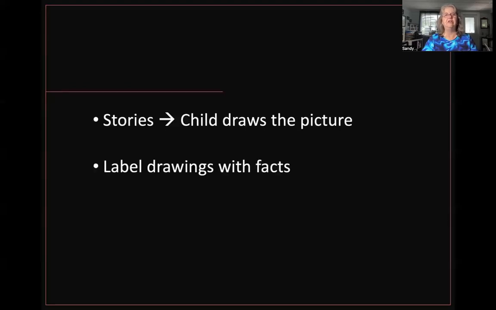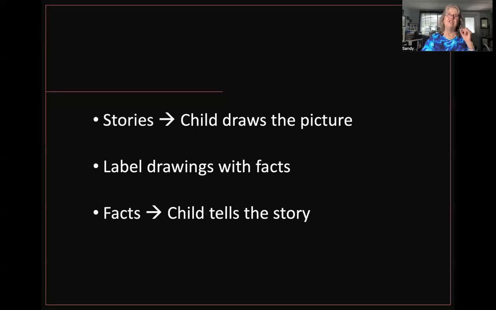Now, we start with the stories. The children draw the pictures for the stories. We then label the picture with the facts: 1 times 7, 7 times 1, 0 times 7. From that, we then show them a fact. We might show them 7 times 0 and have them tell us a story.